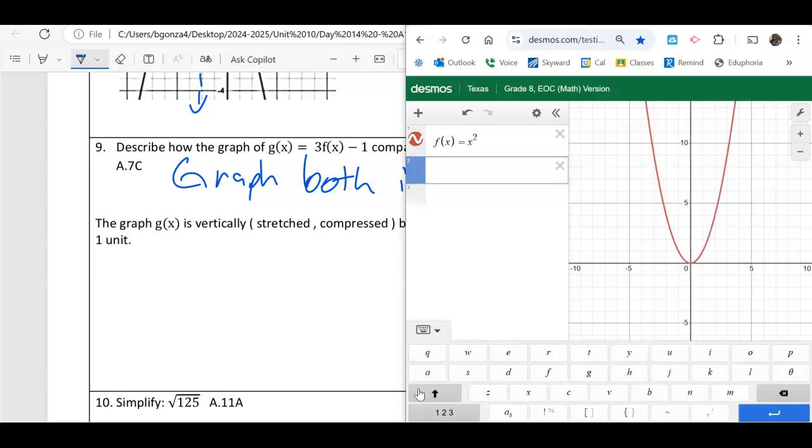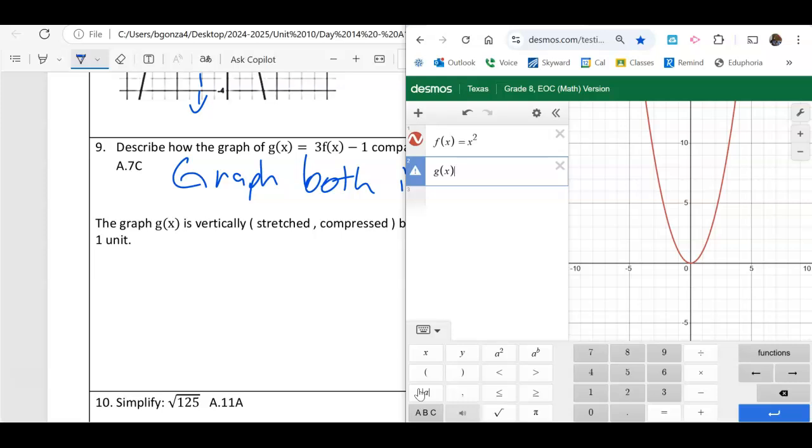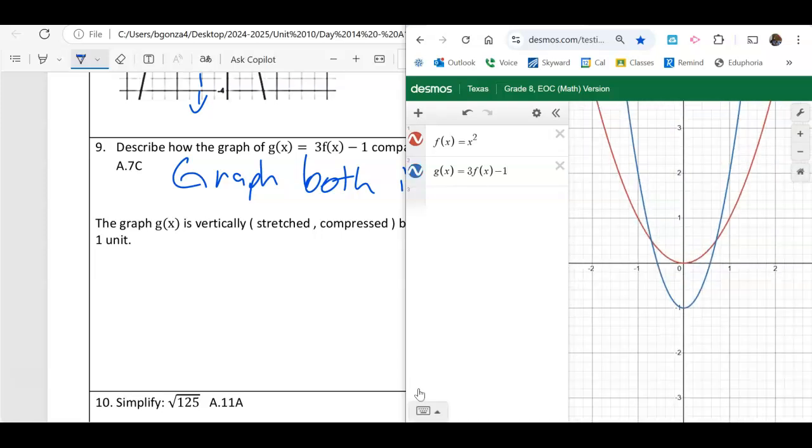Okay, and it says g of x equals 3 f of x minus 1. So my original f of x is my parent function here. My new one looks like it got shifted down 1.